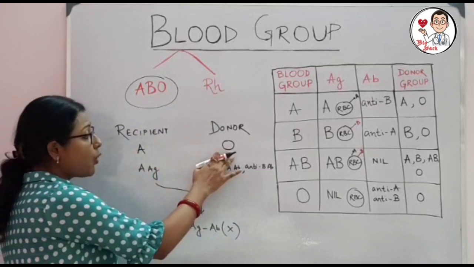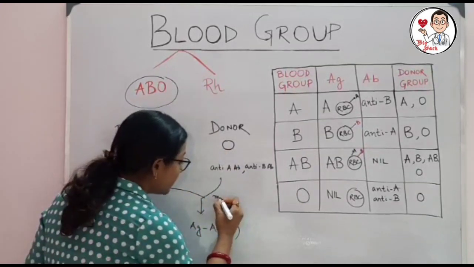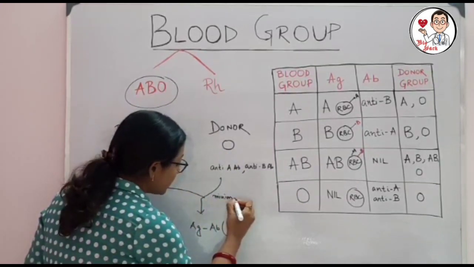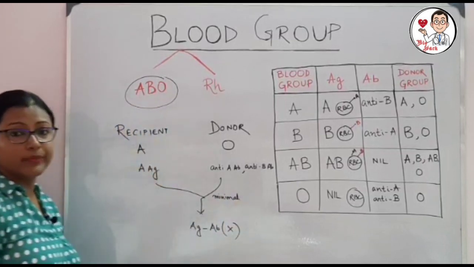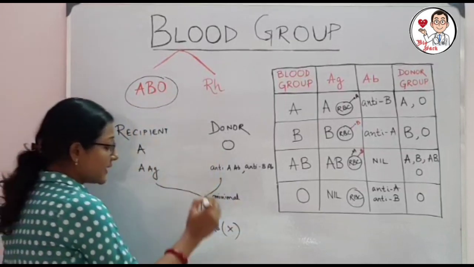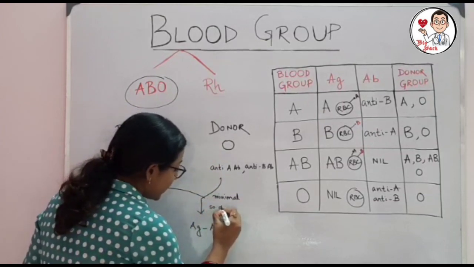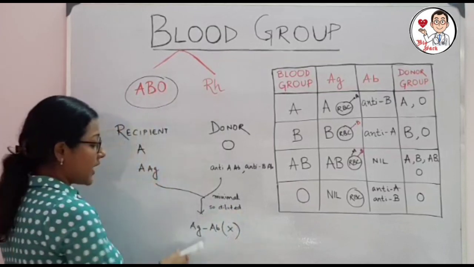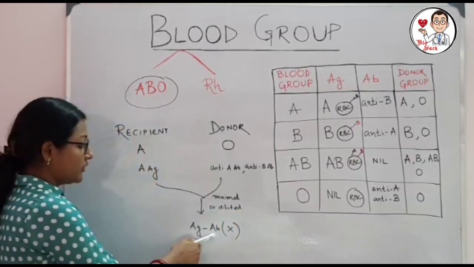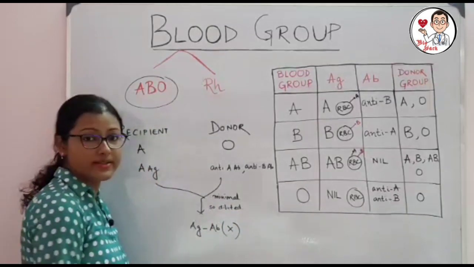Because this O blood is minimal in quantity. So what happens? This gets diluted, and so this antigen antibody reaction does not take place.